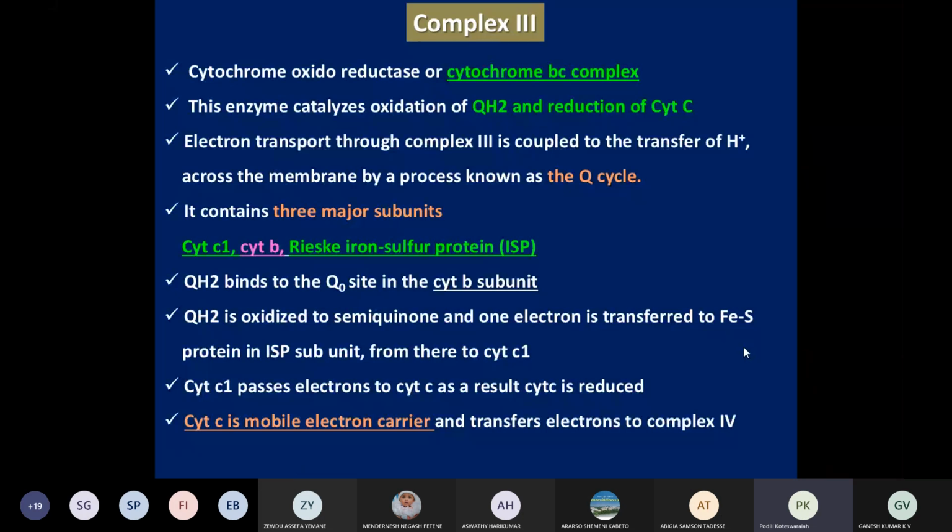Coming to complex 3. Complex 3 is also known as the cytochrome bc1 complex, or the cytochrome oxidoreductase. This enzyme catalyzes the oxidation of QH2 and the reduction of cytochrome c.